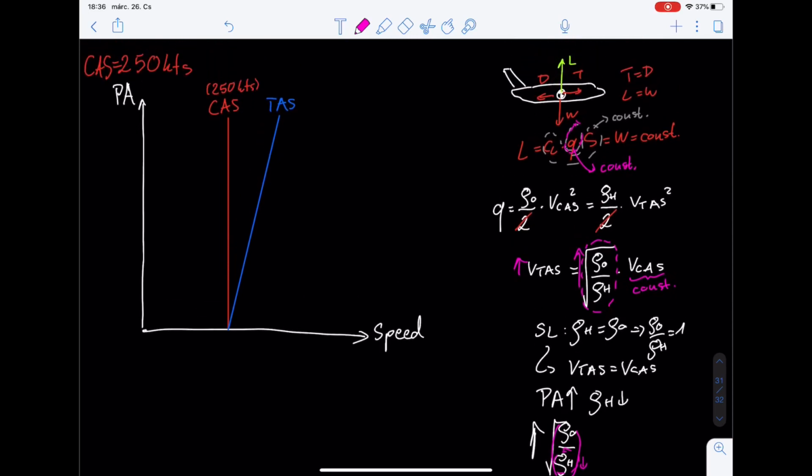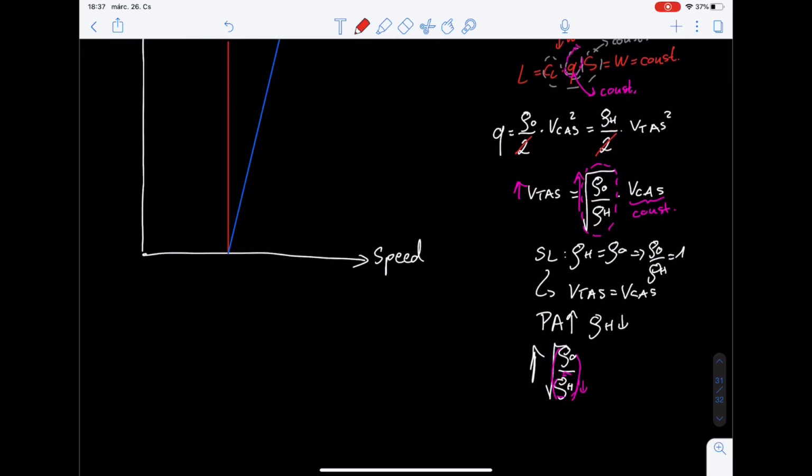Okay, so what happens with the Mach number? Mach number by definition is the true airspeed over the local speed of sound. So it is the VTAS over, if we wanted to express it, the square root of kappa times R times the temperature, usually expressed in Kelvin, right?